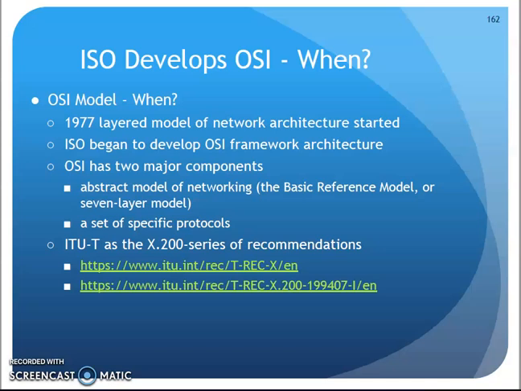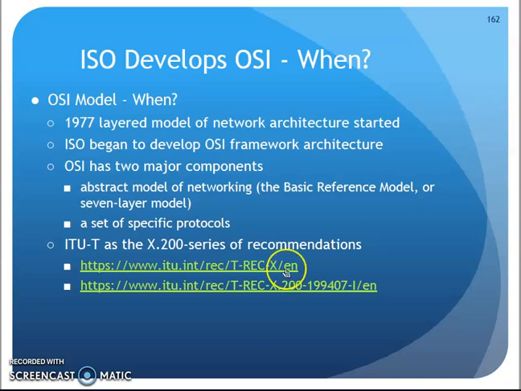Because again, remember, in the 70s, all these companies were developing a network to connect their computers. Here's my network using my protocols, using my cabling to connect my computers. And 4 or 5 other companies were doing the same thing. So ISO comes along and says, hey, let's develop a model that if we're going to start moving data between each other, here's how we'll do it.